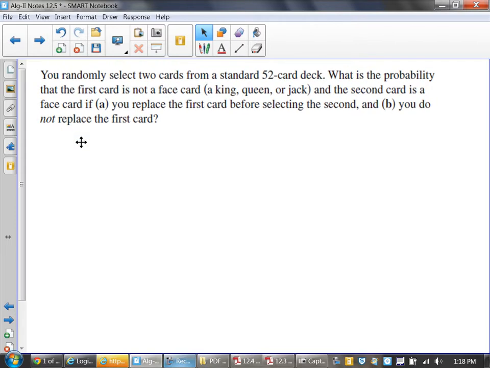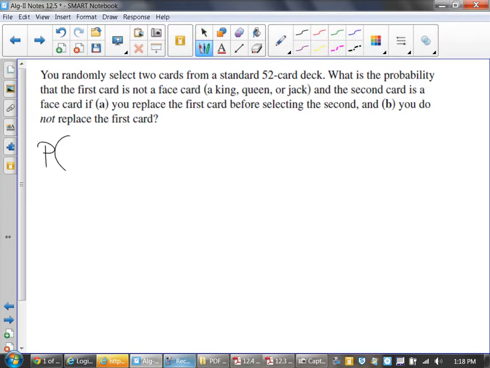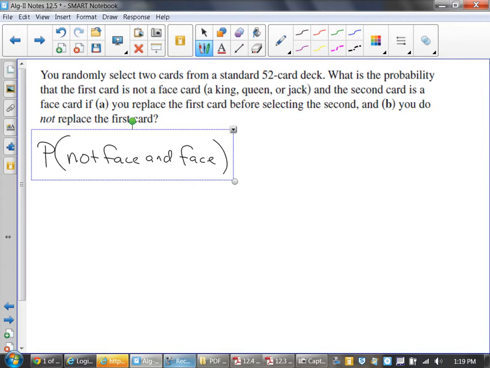So again, basic idea here is we've kind of walked through these examples. You're going to select 2 cards from a 52 deck. Probability that the first card is not a face card, and the second card is a face card. We're going to go both ways. Show it as with replacement and without replacement. So we want to go with probability not a face card, and then a face card. We're going to do this 2 different ways.